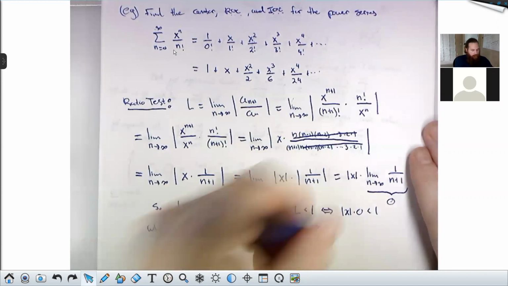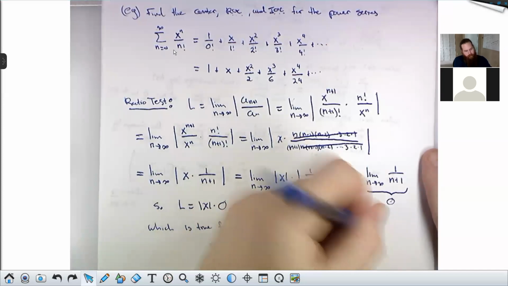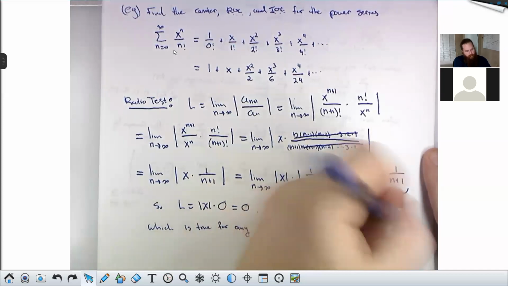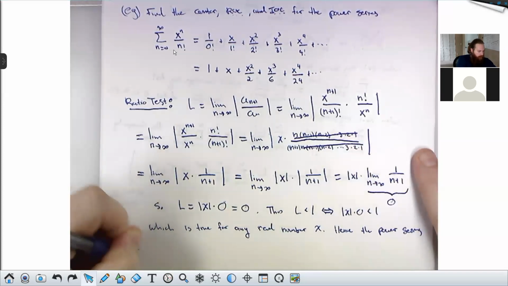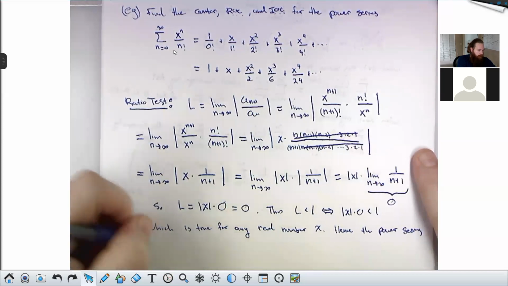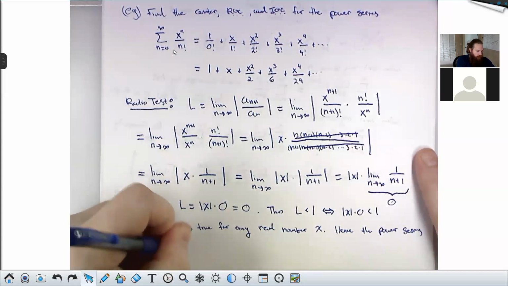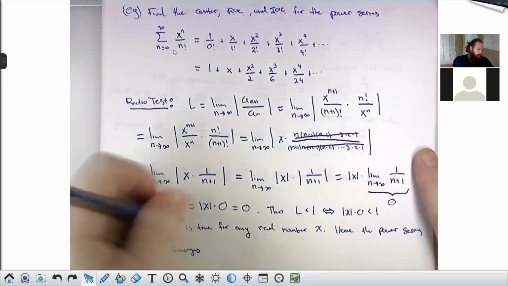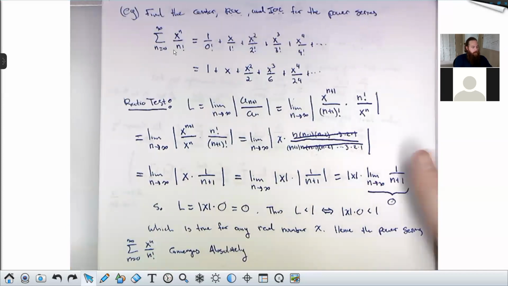So my series, hence the power series, sigma n equals 0 to infinity x to the n over n factorial converges absolutely for all real numbers x.